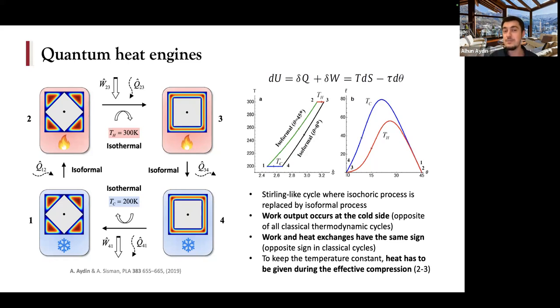So this is one of the interesting things, and this implies that you can induce a cooling effect by compressing the system, at least effectively compressing the system. So this is really interesting, right? When you compress a gas, its temperature increases. Here, its temperature decreases, so you need to also give heat so that you can keep it at the same temperature as the heat bath.